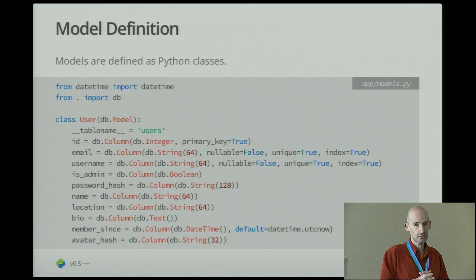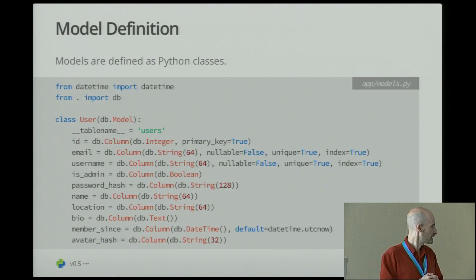If it's empty, the database will not accept it. They're also unique and indexed. I don't want duplicates, no duplicate emails or duplicate usernames. And then the index will create an index, which makes searches fast. Those are all options that I decided on my own, right? For your project, you will find the options that are appropriate.